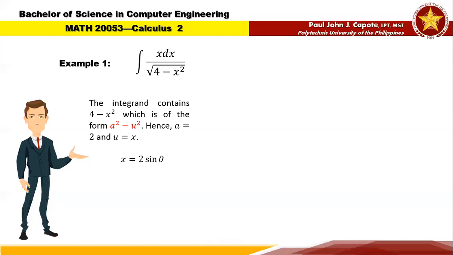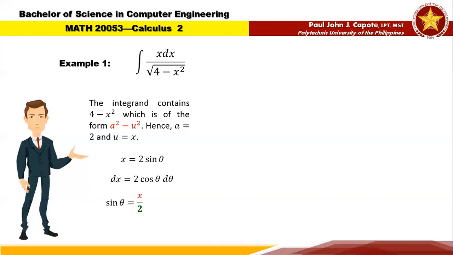Now we are going to differentiate x with respect to theta, and so the first derivative of x is dx equals 2 cosine theta d theta. And given that x is equal to 2 sine theta, we can solve for sine theta in terms of x, and so we have sine theta equals x over 2.